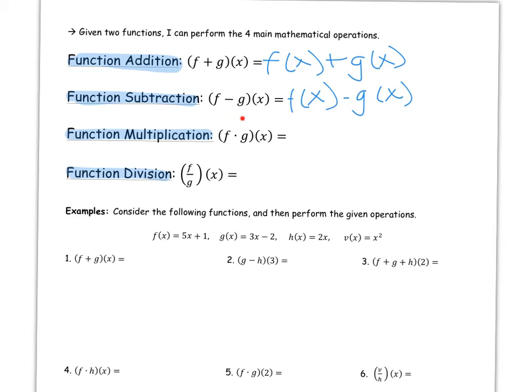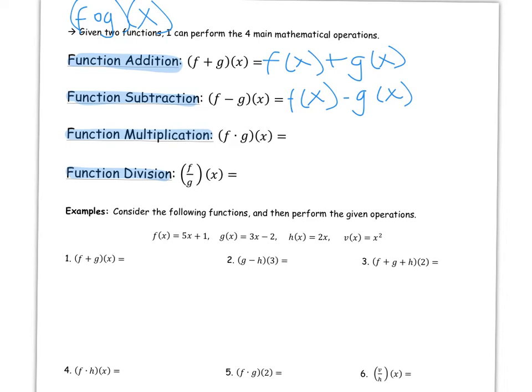Multiplication, notice this symbol right here means multiplication. It doesn't mean composition. Remember, composition has that open circle. It would look like this, f of g, looks like fog. This would be composition, where essentially one function eats another function. This symbol, they're just multiplying.